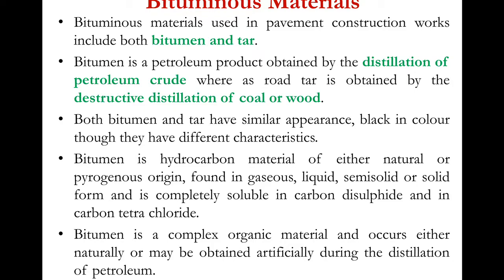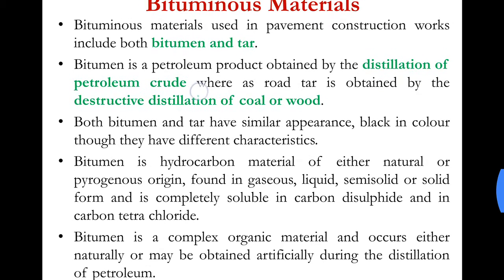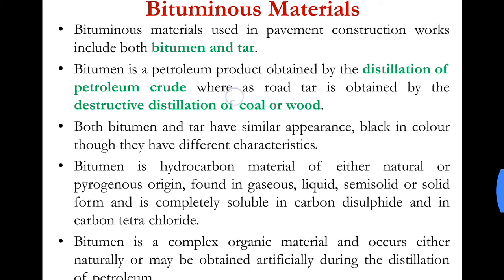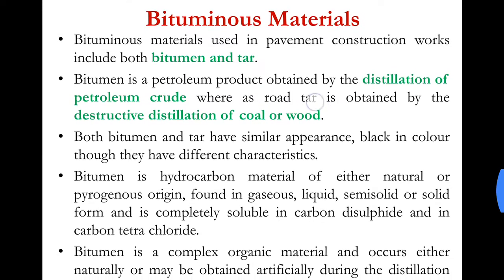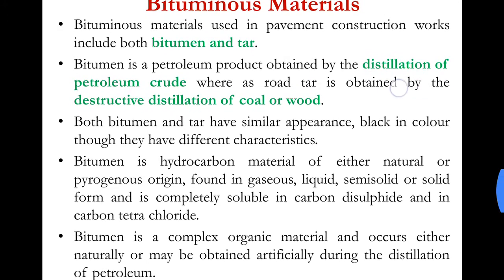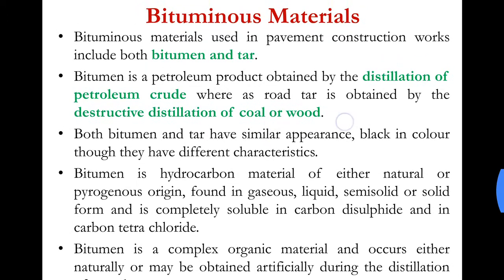Okay, we get bitumen from distillation of petroleum crude oil. Okay, so we already know about fractional distillation process of crude oil. When we carry out that fractional distillation, the end product that is left out is nothing but bitumen. Okay, so we get bitumen from crude oil, whereas we get tar from destructive distillation of coal or wood.